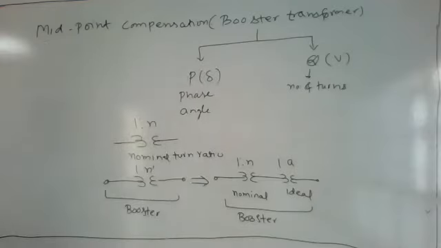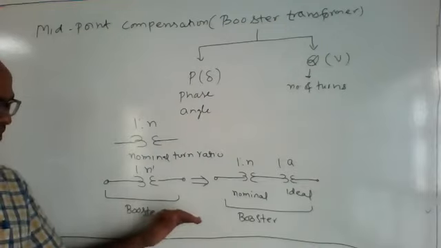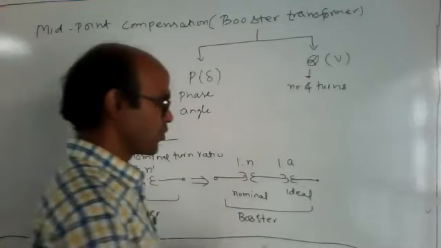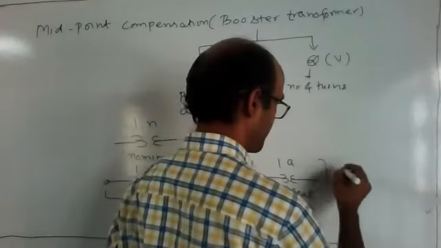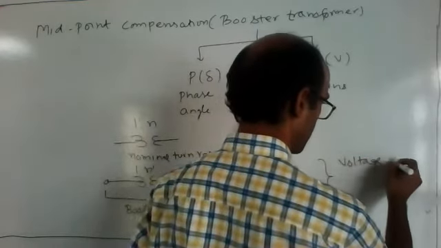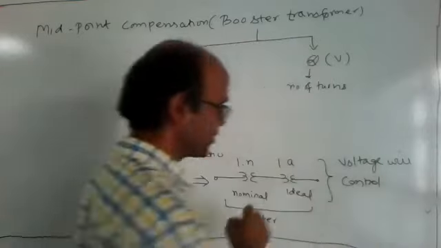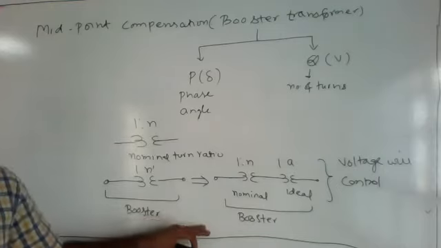So what is delta? Now this is the first condition. In this condition, what will change? It will change voltage. It will result in voltage being controlled by using this approach.